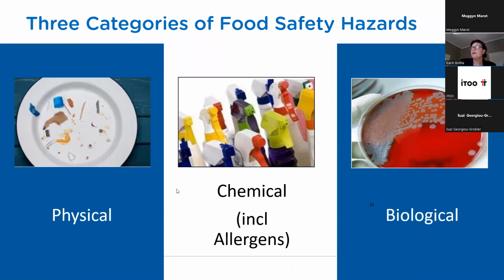How do you make sure that you've actually rinsed everything out and you don't contaminate the first few bottles with chemical residues in your product? Also, allergens are included in that, which is a very important topic for recalls. A lot of recalls happen worldwide because allergens were not declared on the labels of the product.